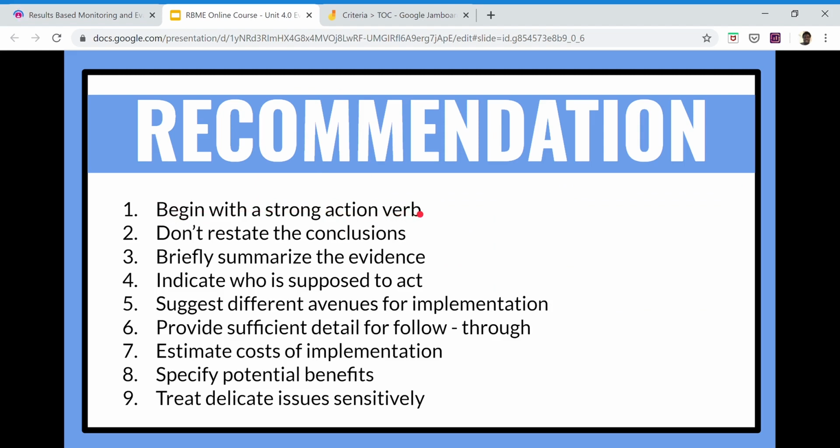So it's important that you begin with strong verbs, strong action words: cultivate, purchase, review, transact.